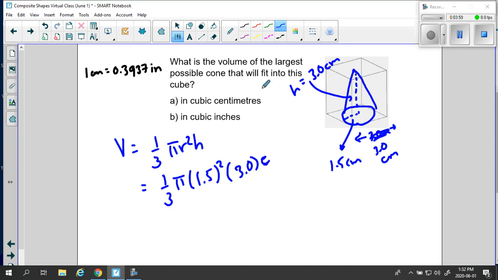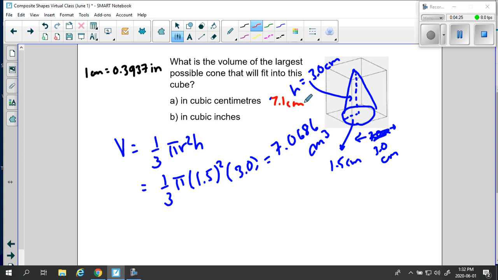So what does that equal? 1/3. Please use the pi button. Don't use 3.14. It's not accurate enough. And I am getting 7.0686 centimeters cubed.